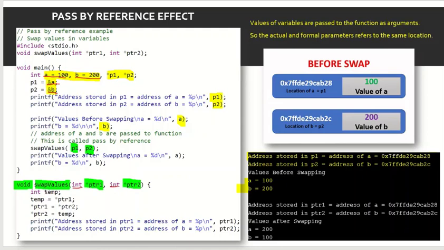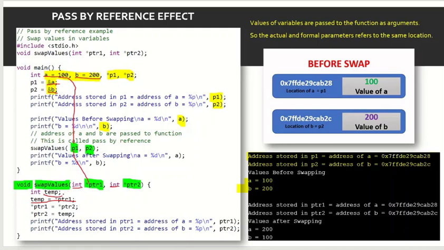I am using a temporary variable temp to hold one of the data temporarily. So temp is equal to star ptr1. Now star ptr1 represents the first value 100.